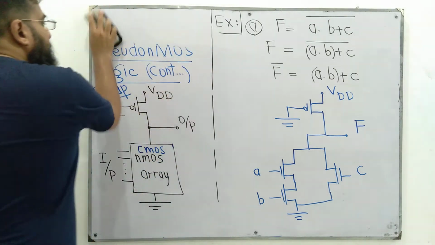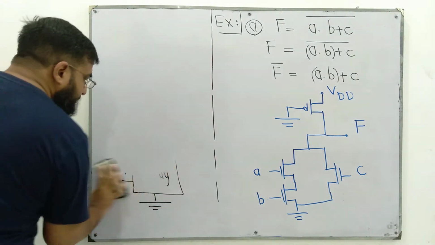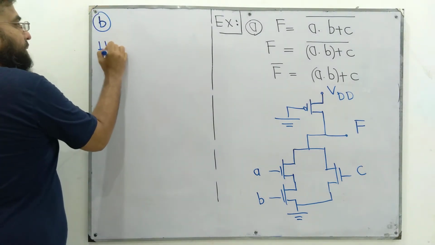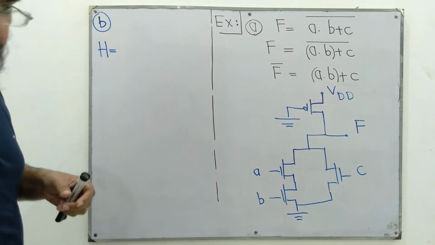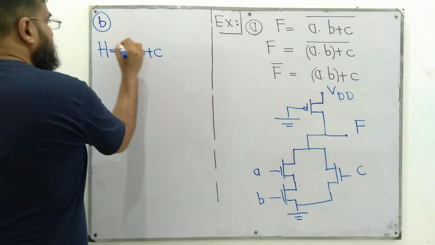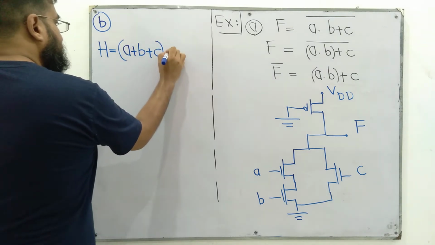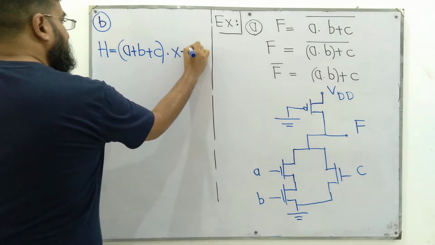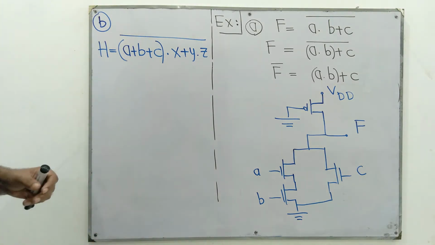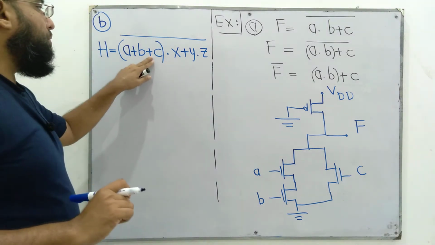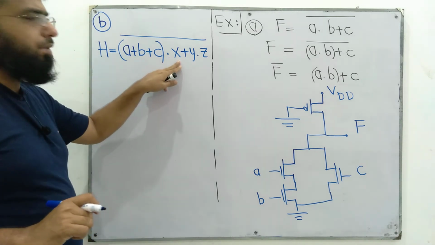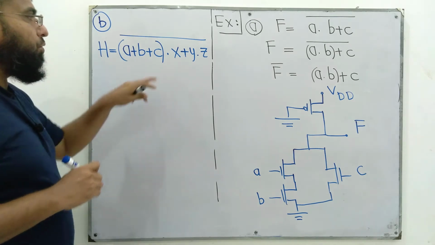Right, let's move on to part B, where we have to implement an expression H that is equal to A plus B plus C dot X plus Y dot C. This means the precedence of these two OR operations is higher than this AND, because we already have brackets here.